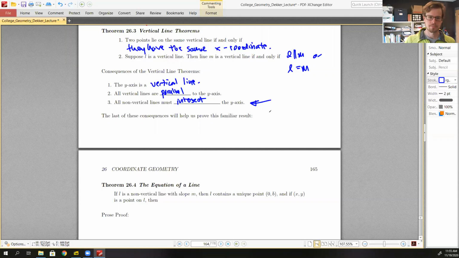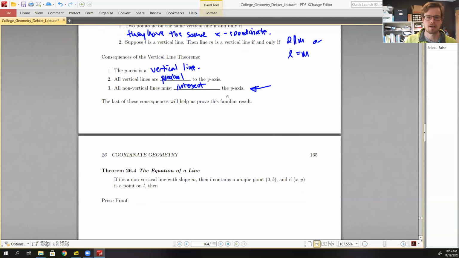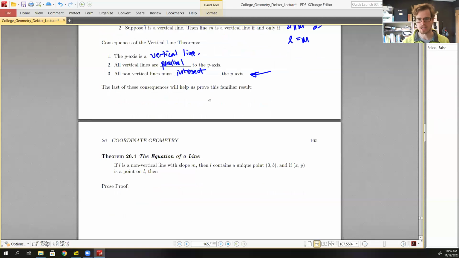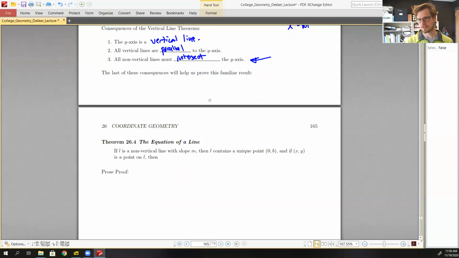All right, so of particular interest to us is this last consequence of the vertical line theorems, and it's what allows us to very easily discuss the equation of a line. So, of course, the easiest thing to discuss is the equation of a line that's not vertical.